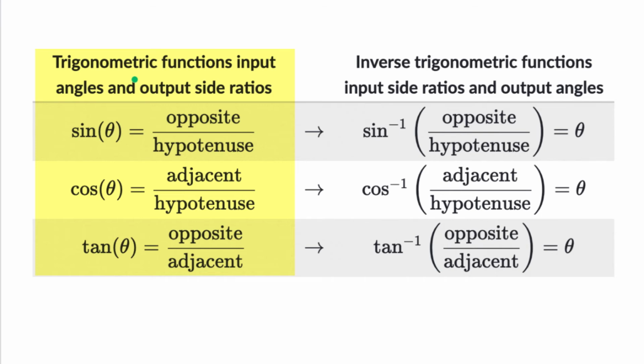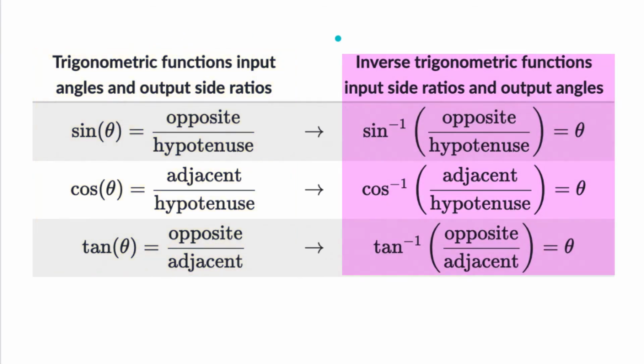In other words, in a right triangle that has a 30-degree angle, the ratio of the opposite to hypotenuse is 1 to 2, or 0.5. If I plug in the cosine of 63 in my calculator, the number it gives me is telling me the ratio of the adjacent to the hypotenuse in a right triangle that has an angle measure of 63 degrees.